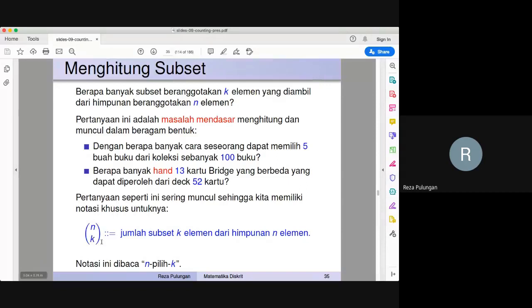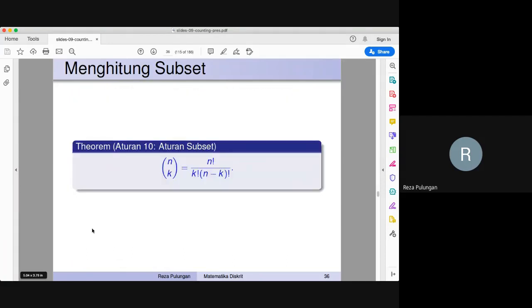So this one is the number of subsets of k elements that we can take from a set that contains n elements. So this is the number of possible ways for us to select k elements from n elements.